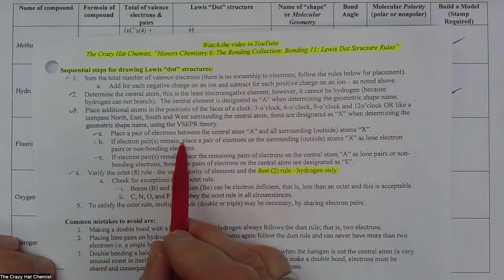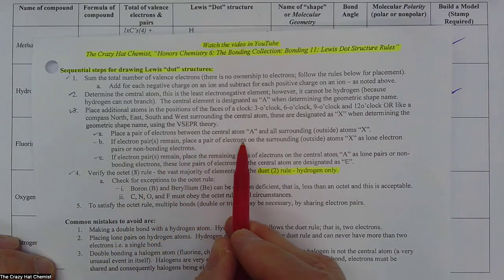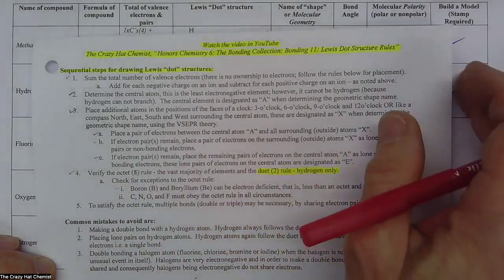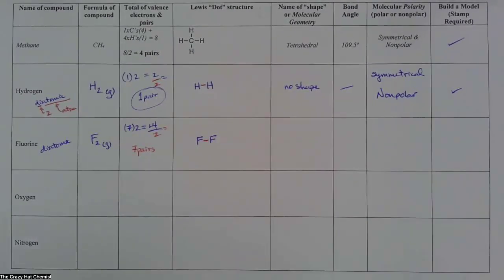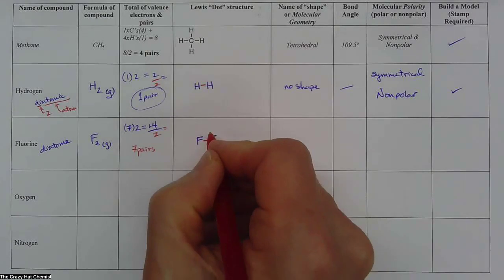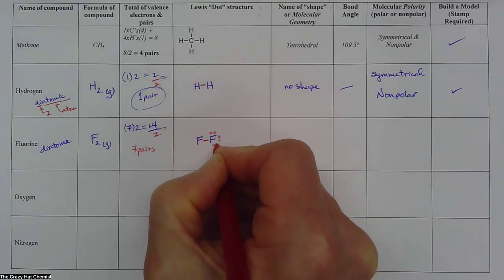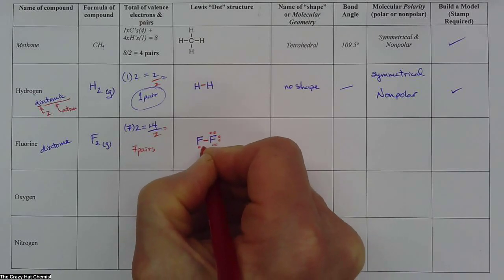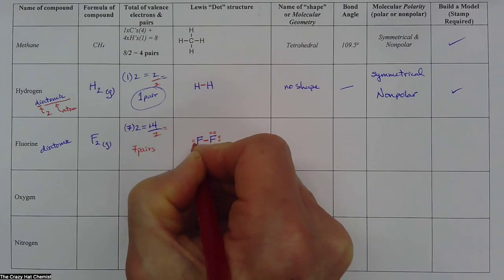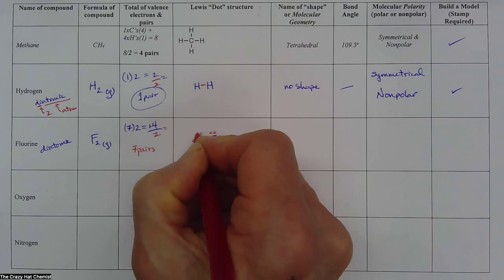If electron pairs remain, place a pair of electrons on the surrounding outside atoms as lone pairs. So that's one pair, two, three, four, five, six, and seven.